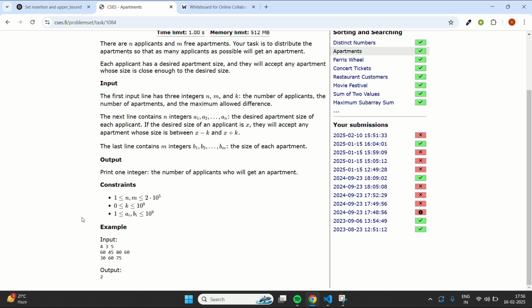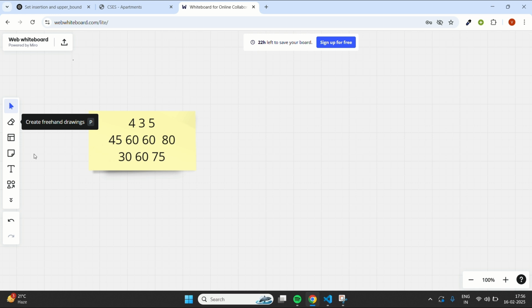So first let's see the answer for the sample case, how we are getting 2. So we are given 4 customers, 3 apartments, and the value for k is 5.